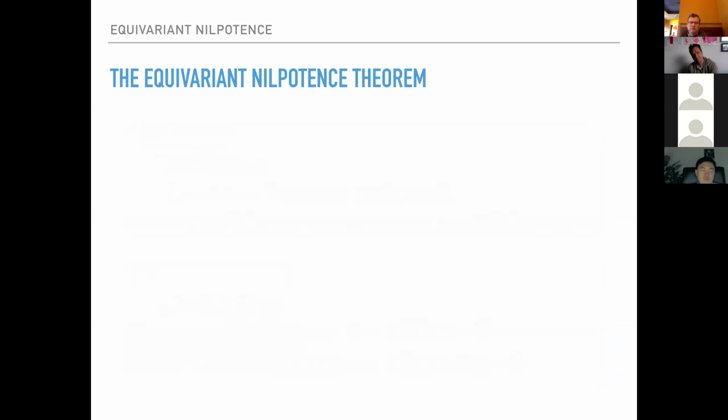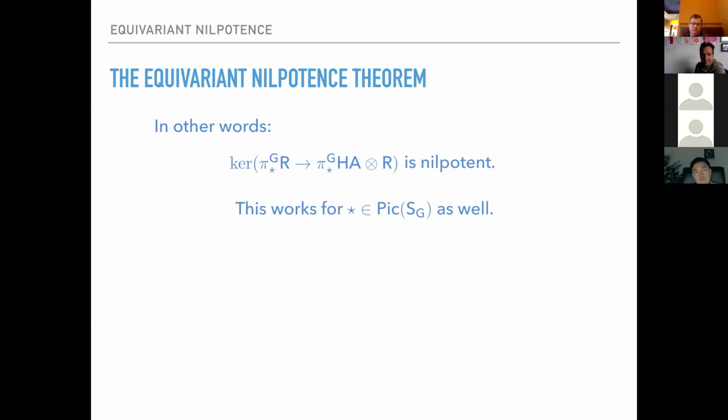So this last form, we can really see that if we look at the kernel of the Ravitch map from pi star gr to this HA tensor R, pi star G HA tensor R, this is nilpotent. And I use the fancy star because I can.